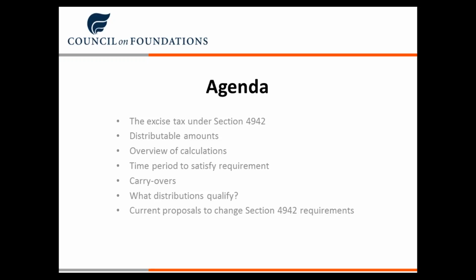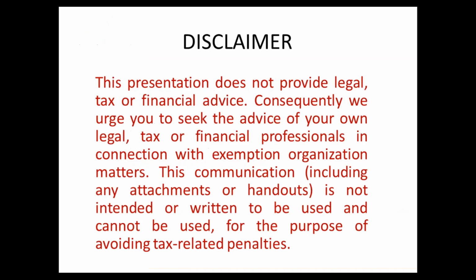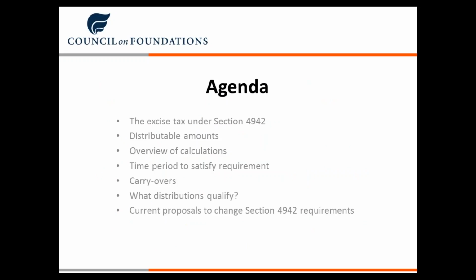We'll cover a little bit about carryovers and then dig into what types of distributions qualify. As I'm sure you all know, not every single thing that you spend your money on would qualify for your minimum distribution requirement. So we're going to talk about which distributions do qualify. And then finally, we wrap up with just a very brief discussion of some of the current proposals that are out there, or out here in Washington, that might affect Section 4942 and the requirements for distribution.